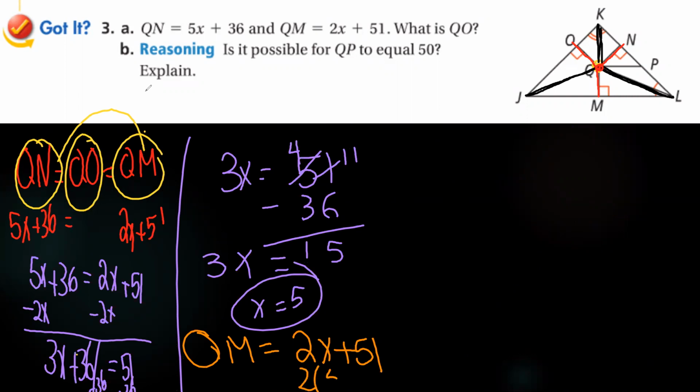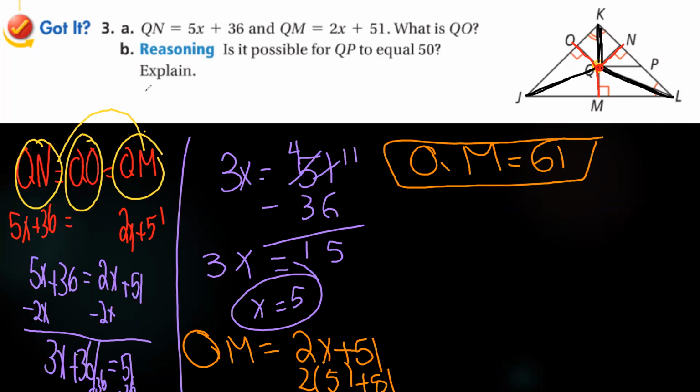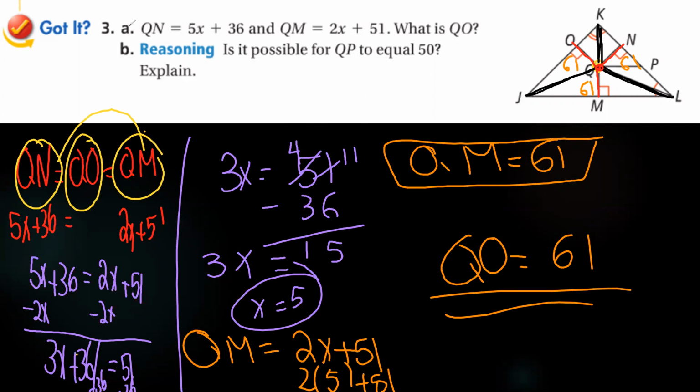So 2 times 5 plus 51. 10 plus 51 is 61. So the length of QM will be 61. If the length of QM is 61, what will the length of QN be? 61. And QO? 61. So the length of QO will be 61.